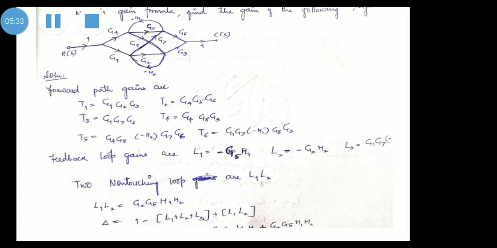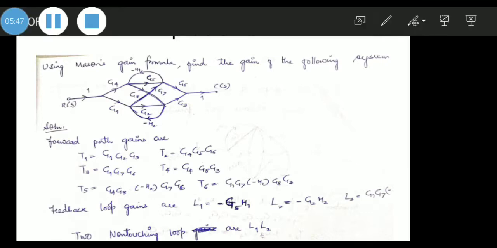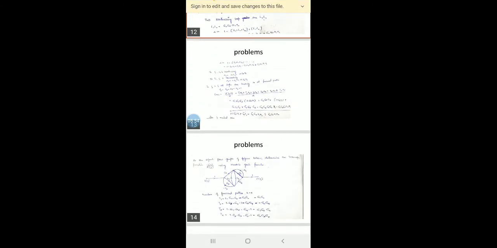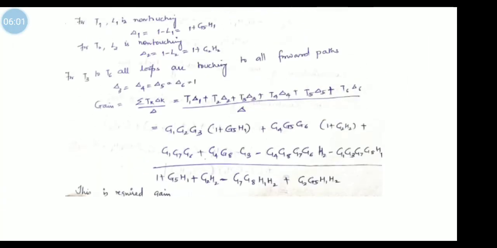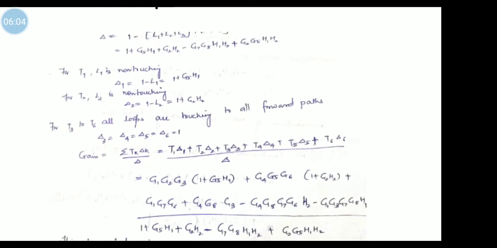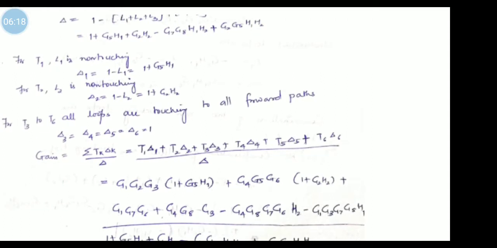Then find delta. Delta is 1 minus L1 plus L2 plus L3, plus L1L2. Substituting all the loop gains, it will be 1 minus the sum of L1, L2, L3.